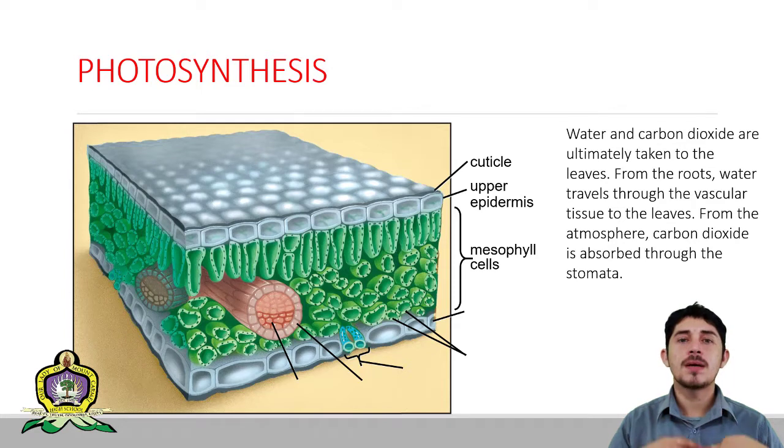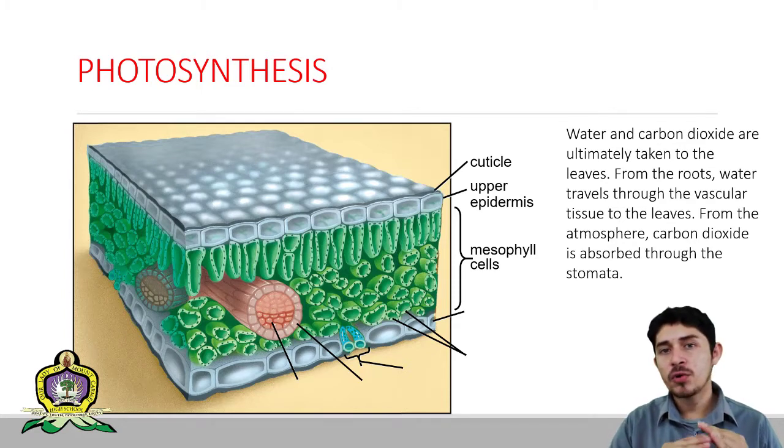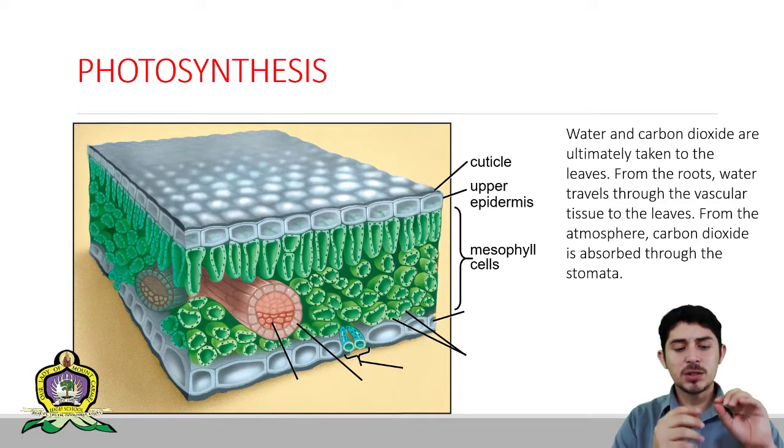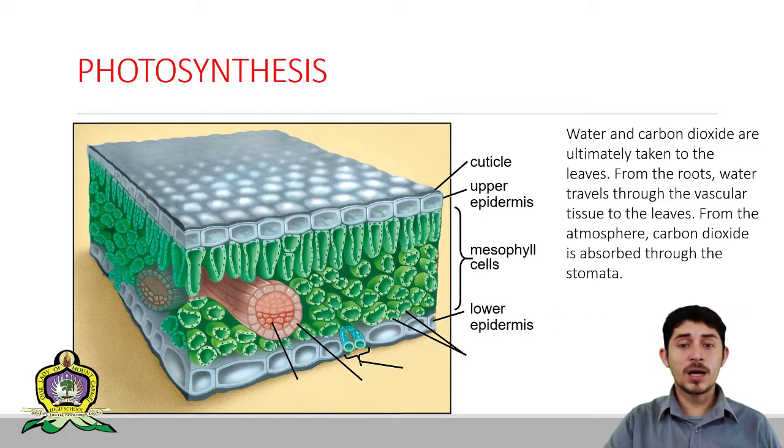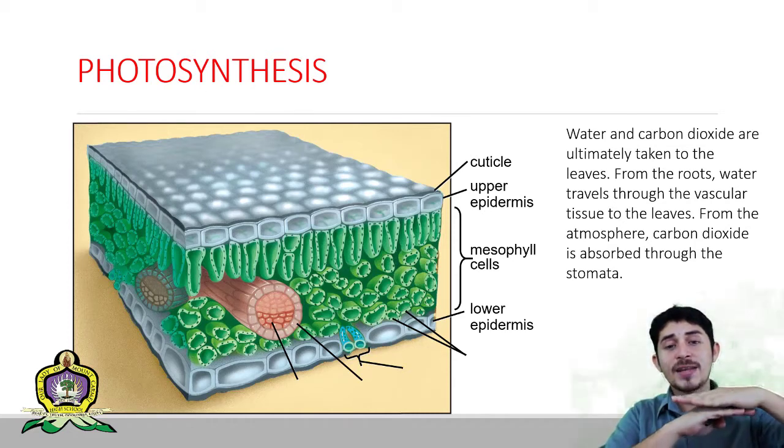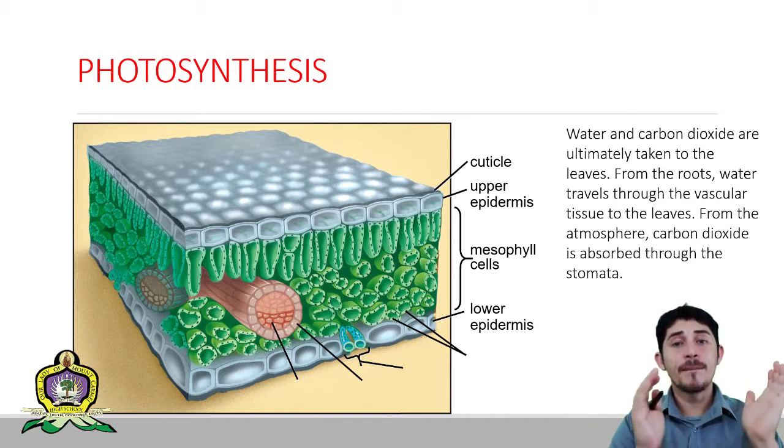Meso means middle. Whenever you hear the word meso, it refers to the middle layer. So the mesophyll cells would have photosynthetic cells. This means these are the cells that actually carry out photosynthesis. And it also has a lower epidermis, which serves to provide a layer that protects the mesophyll.